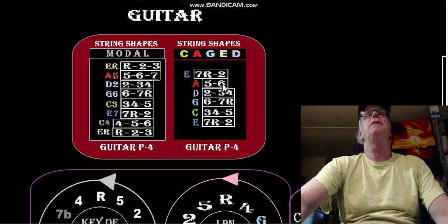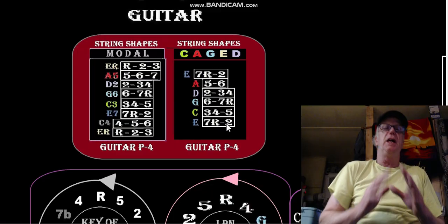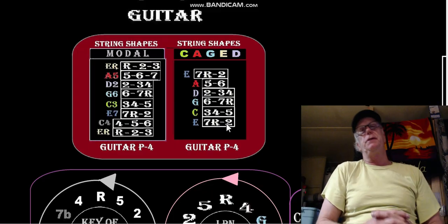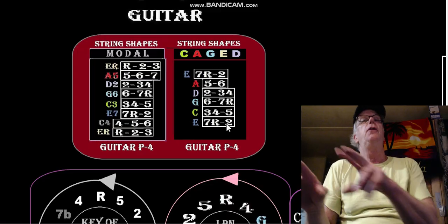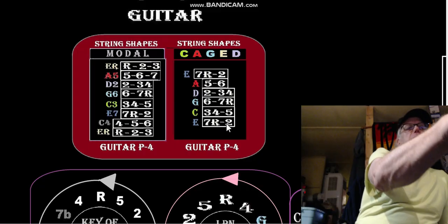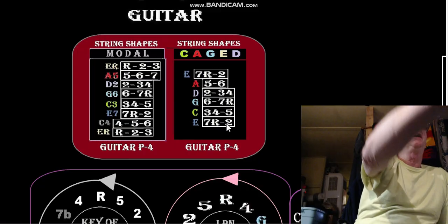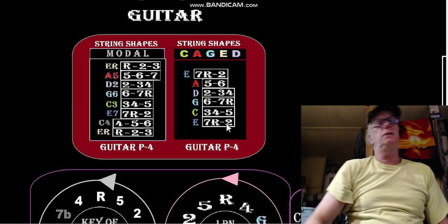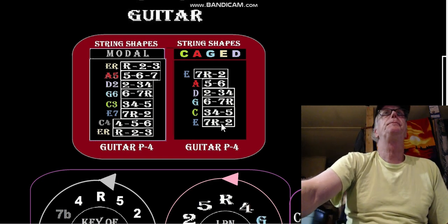There's your short 5, 6, and these are pentatonics. These are good for pentatonics. Anything you can do pentatonically incorporates the triads. So, C pentatonic also has the C major triad.